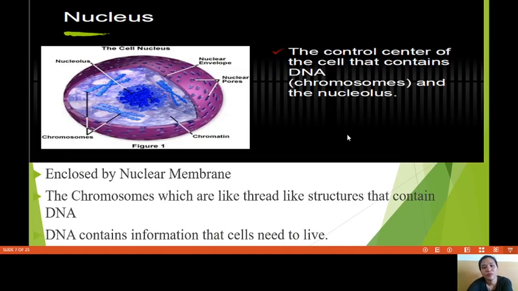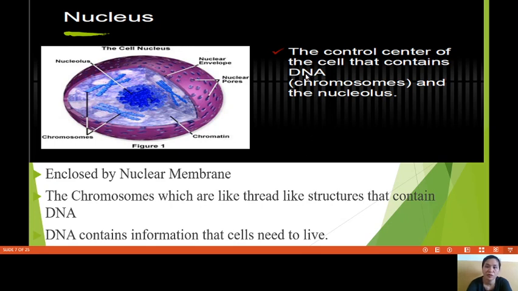Alright, so let's go now to your nucleus. Again, how do we read this? Nucleus. The nucleus is the control center of the cell that contains DNA. This DNA is important for the cell to create or produce another cell.